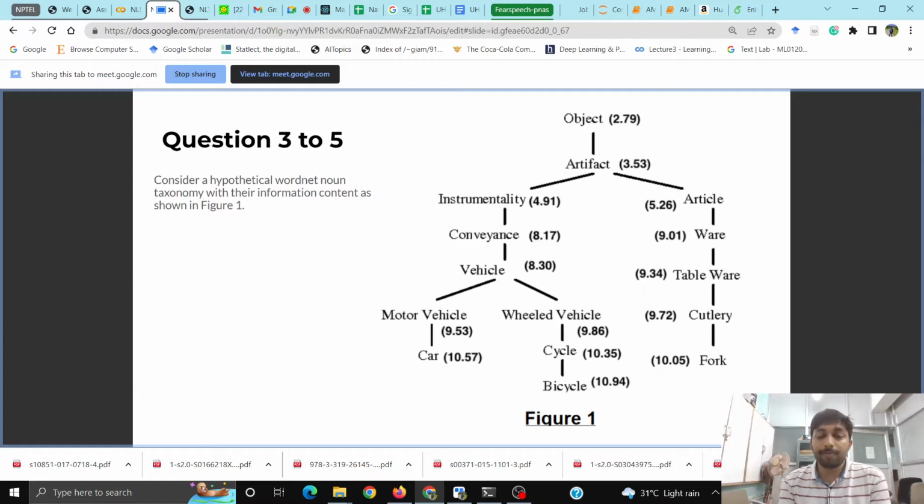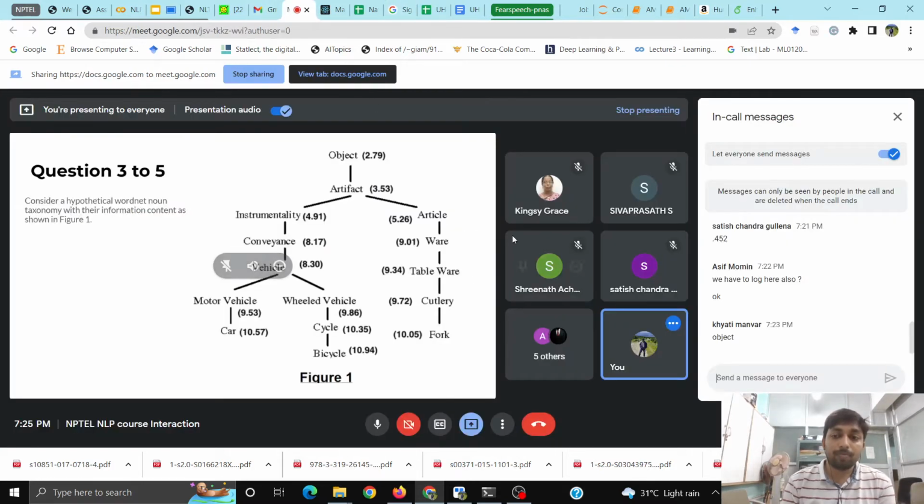So calculate the value using this graph. We already know the ICs. Tell me what will be the value? Let's write the formula.